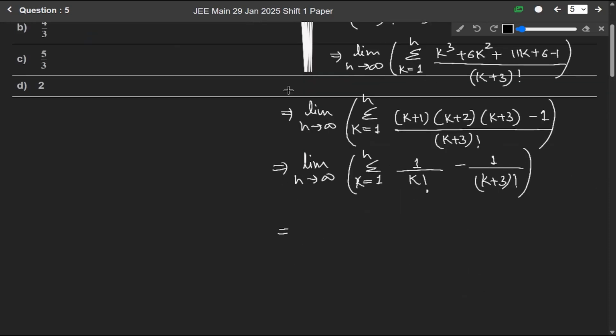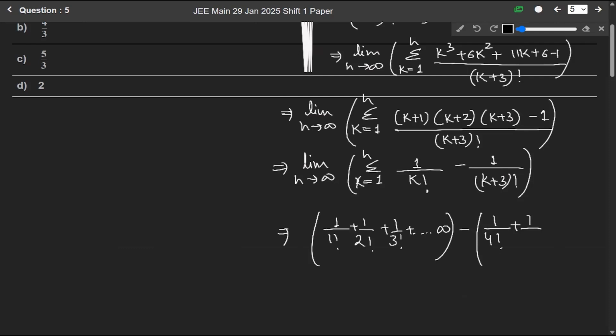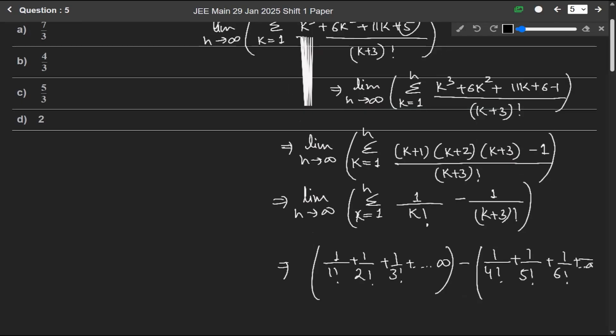Now, 1 over k factorial means 1 over 1 factorial plus 1 over 2 factorial plus 1 over 3 factorial up to infinity, and minus 1 over k plus 3 factorial means, if we put k as 1, 1 over 4 factorial plus 1 over 5 factorial plus 1 over 6 factorial up to infinity.